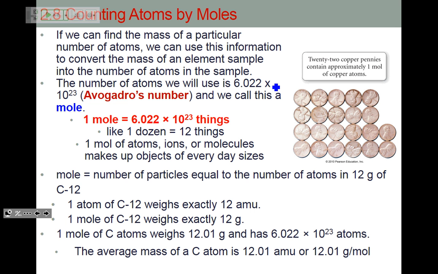It's really small. So I always try to bring in a way for you to visualize it. So notice, if we have 1 mole equals 6.022 times 10 to the 23rd things, that's a relationship. And we know how to use relationships in conversions. So that's what we'll be talking about, using that in conversions.